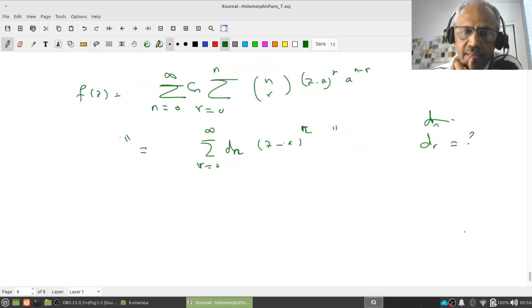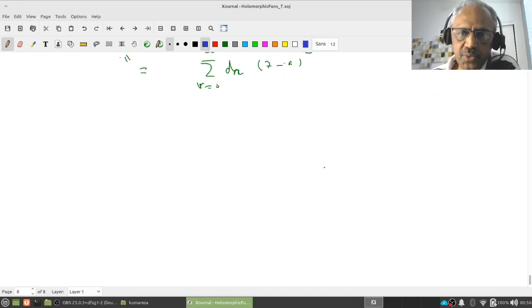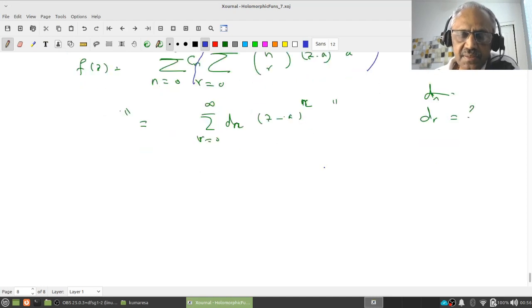You follow that? Okay, so here there is a thing, so let me just put a symbol, right? So I want z minus a to the power r to come. So this is interchanging summation.